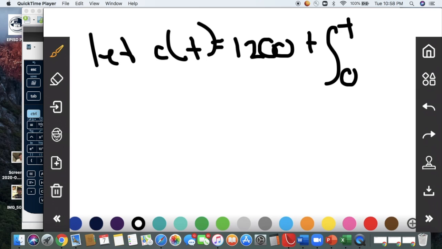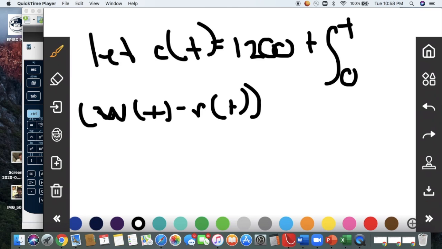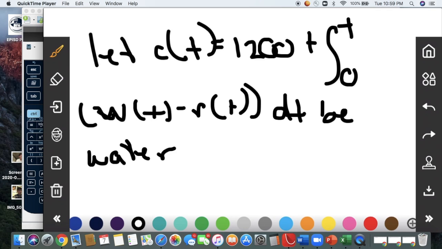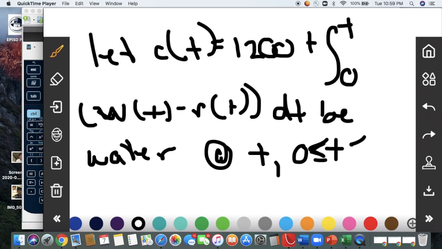And then it'll be the rate of change, W of t minus R of t, with respect to time, right? And we'll let C of t be this, which will be the water in the tank at t, which will range from 0 to 18 hours.